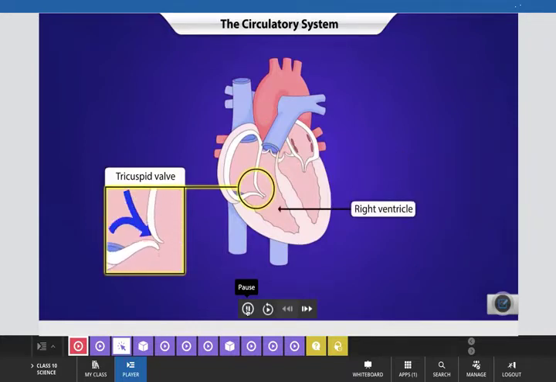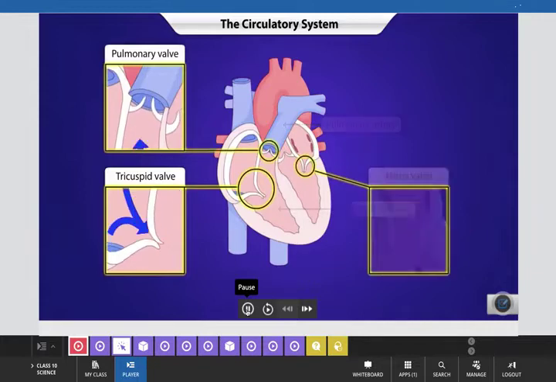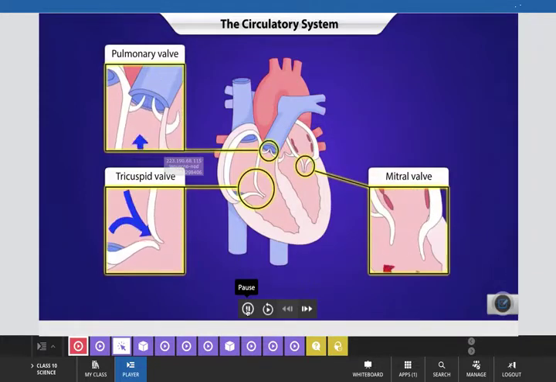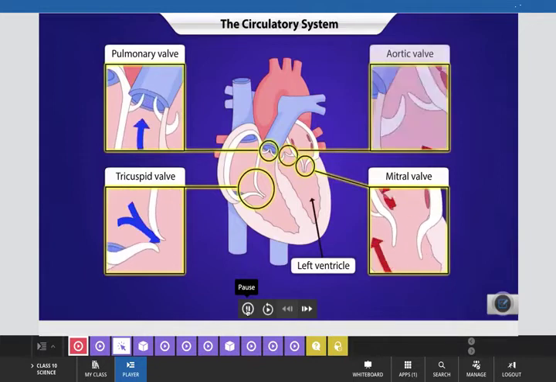The flow of blood from the right ventricle into the pulmonary artery is controlled by the pulmonary valve. The mitral valve, also known as the bicuspid valve, allows blood to flow from the left atrium into the left ventricle. Finally, the aortic valve controls the flow of blood into the aorta from the left ventricle.